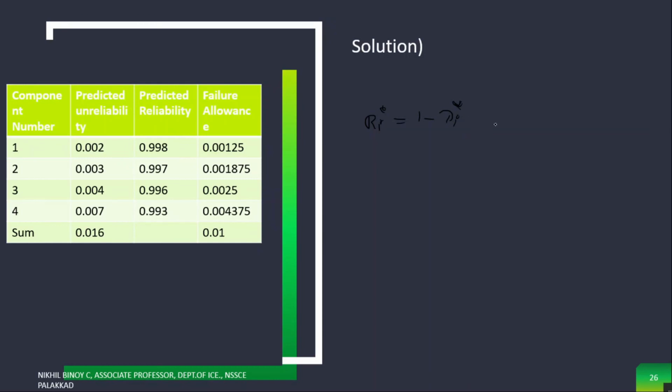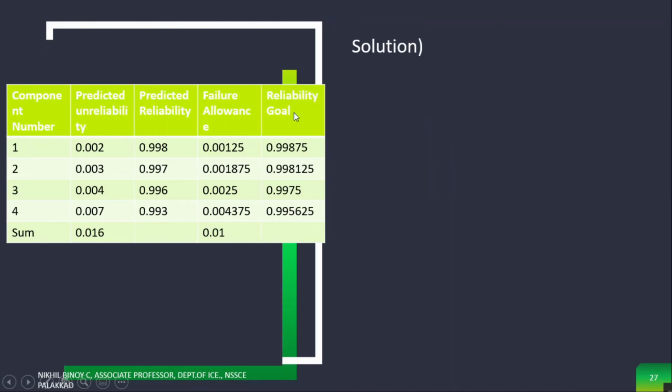I told you here T is there, but that is not important. So Ri star is equal to 1 minus lambda i star, which means we subtract these elements from 1. So we have the desired reliability. The reliability goals of the components are 0.99875, 0.998125, 0.9975, 0.995625.